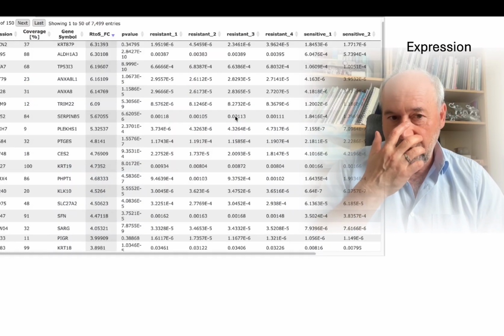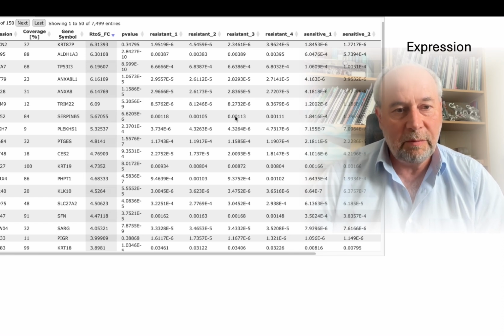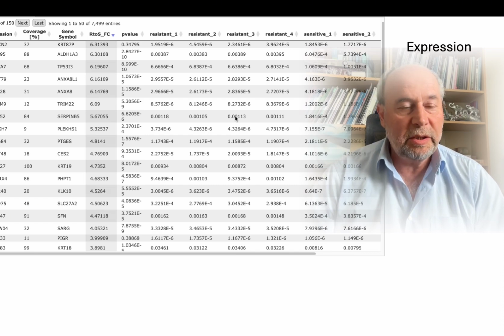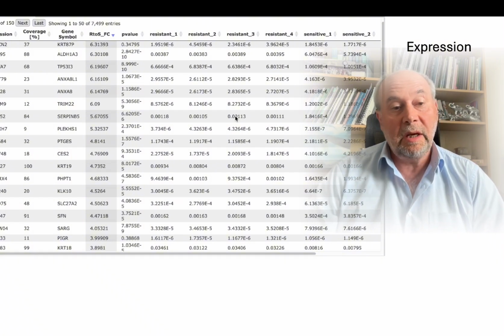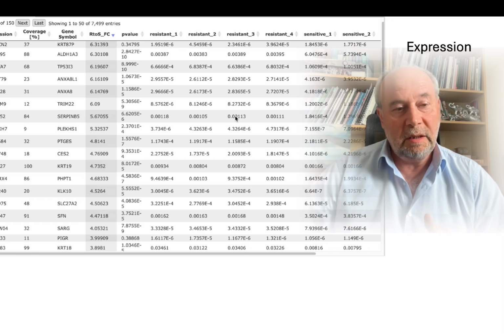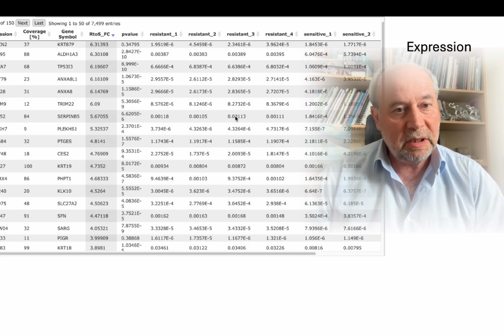And this is the data which he produced. He has a very advanced proteomics facility, which can measure standard expression quantitative proteomics, and they measured more than 7,000 proteins in that experiment in these sensitive cell lines, making different biological replicates, and also in the resistant cell lines.